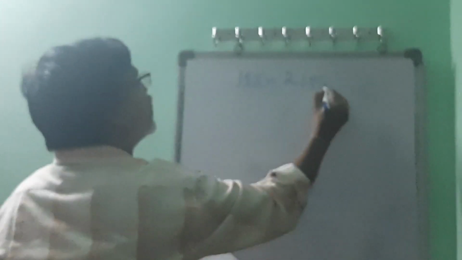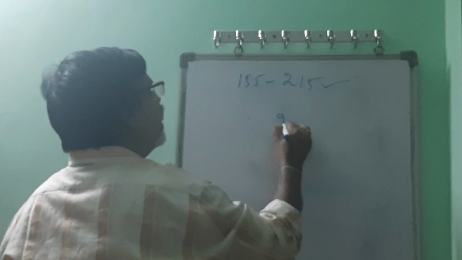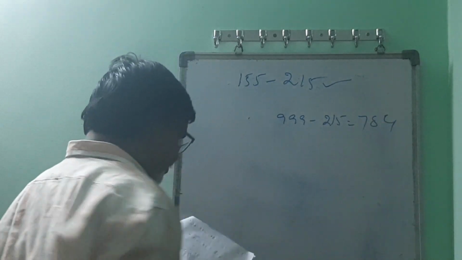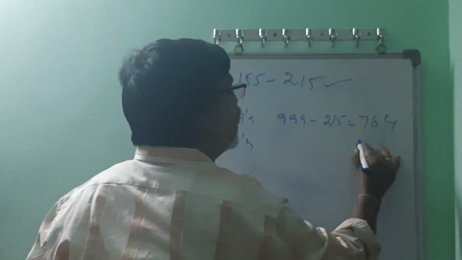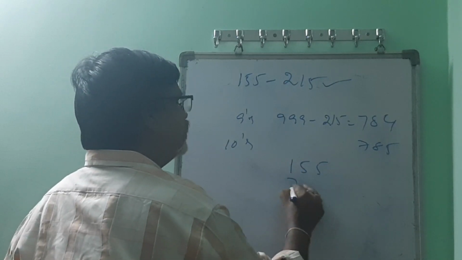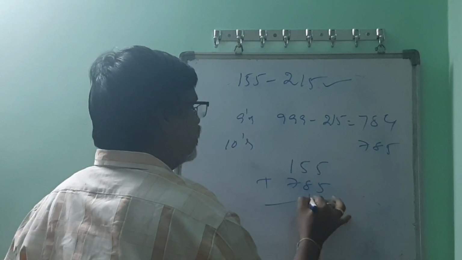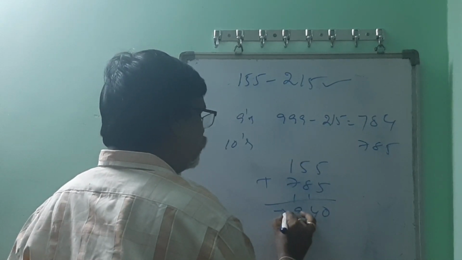The 9's complement of 215 is 999 minus 215, which is 784. Then the 10's complement, adding 1, gives 785. Adding 155 to 785 gives 940.